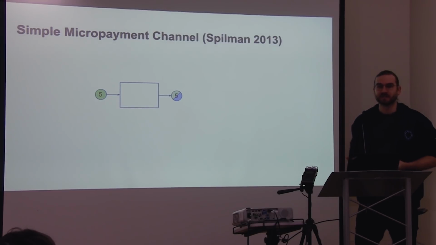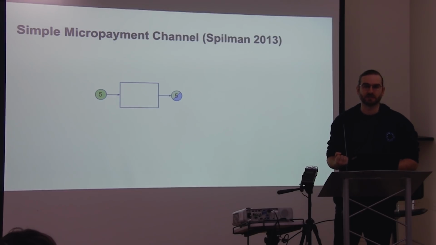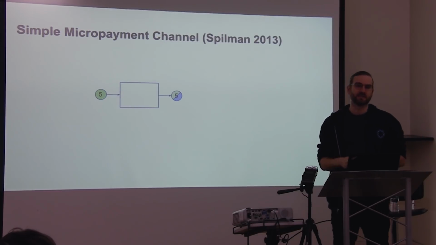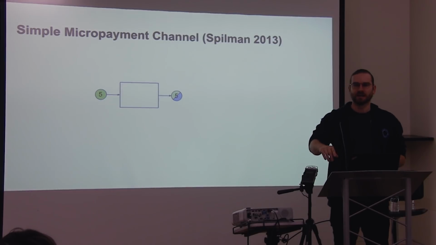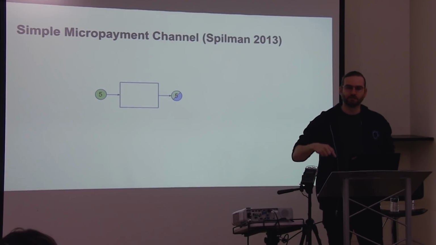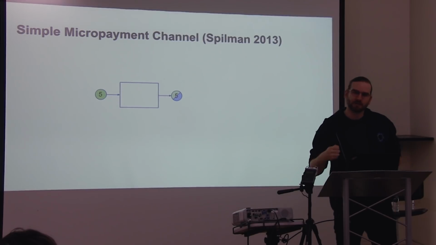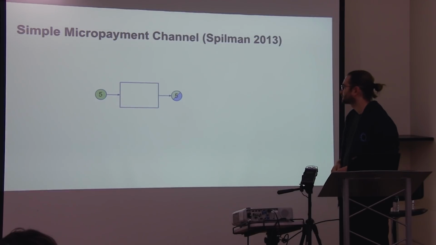What does this do? It basically prevents me, if I'm the green user, from pulling out the funds below the contract without giving the other side the control. It's basically just me putting up $10 on the counter, and as long as these $10 are on the counter, both me and the barman have control over it, and I can't pull them away and try to sneak them away. Okay.